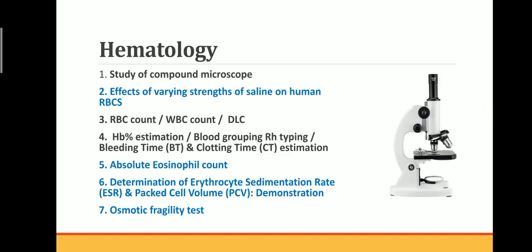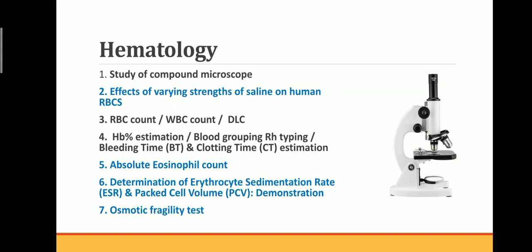So when it comes to hematology, as the name itself indicates, it is the study of components of blood. In this practical section, we study different components of blood, including the blood cells. There are certain experiments which are meant to be done by students, and there are experiments which are only for demonstration.